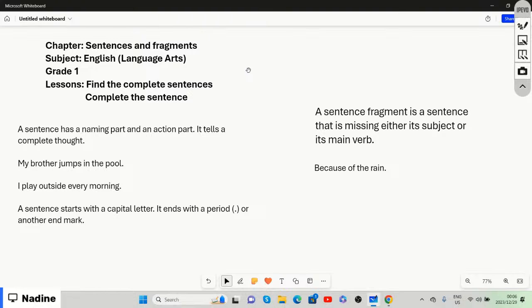So we're going to find the complete sentences, and then we're also going to complete the sentences.